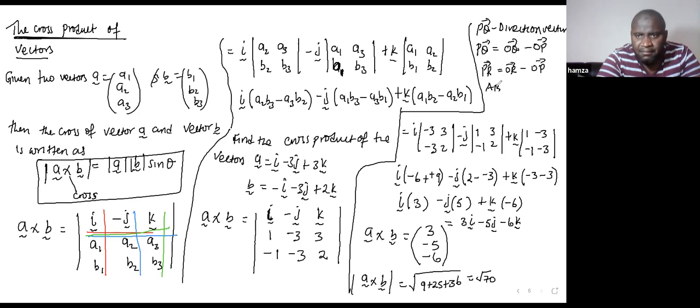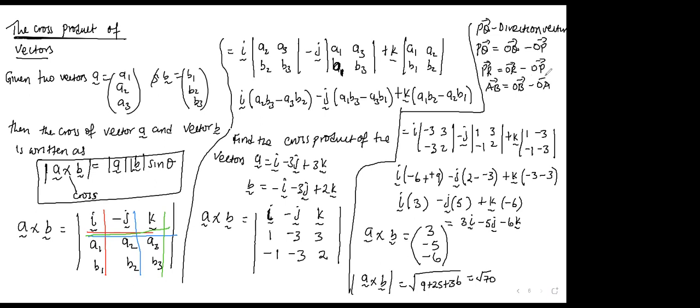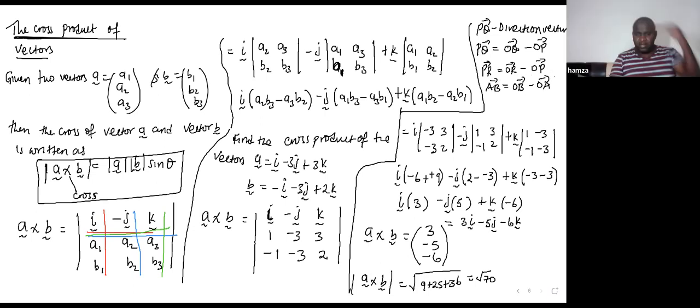If I have AB, it's the same as OB minus OA. So that's knowledge from O level, though I thought you have it in already. So in case they give you points A, B, C, then they ask you to find AB, BC, you can always find them by subtraction. The second one subtracts the first one.